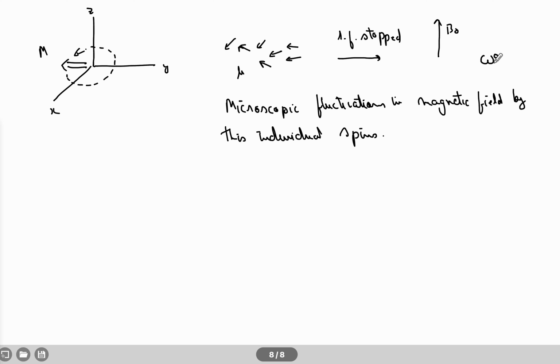So they increase their omega 0 by a tiny amount because of this microscopic fluctuation.